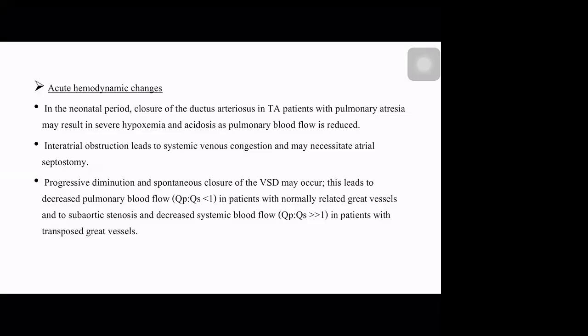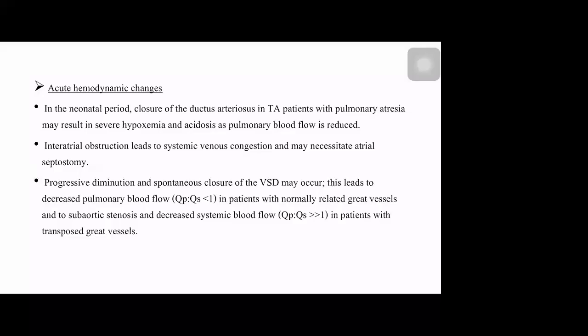So, as I mentioned, there will definitely be presence of either an ASD or a foramen ovale. But because of aneurysmal dilatation and aneurysm formation of the PFO or the right atrium, the PFO can be closed.